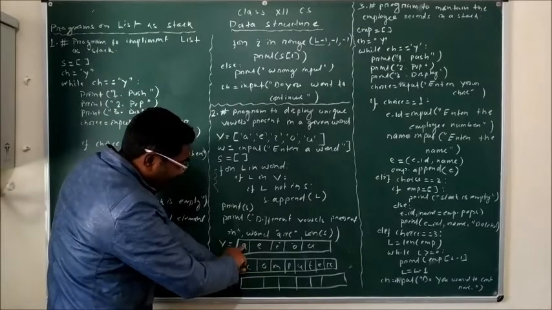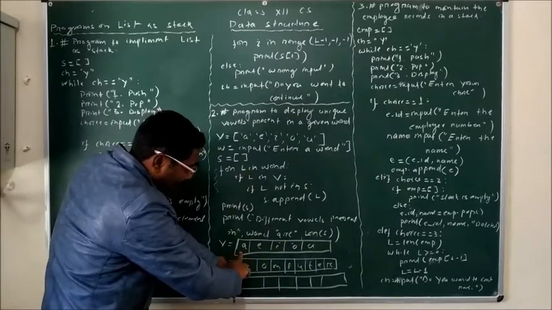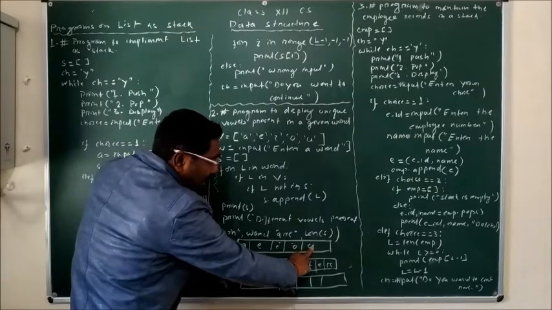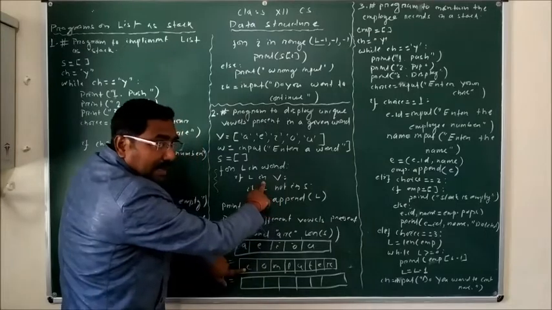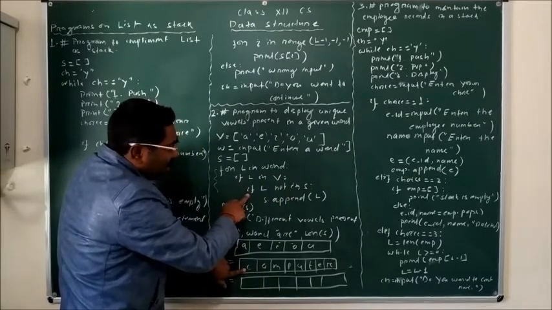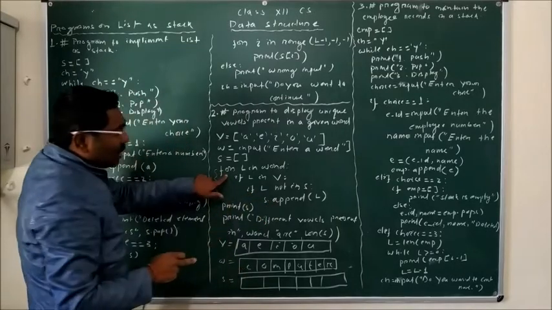V is equal to A, E, I, O, U. So here C is not A, not E, not I, not O, not U. So this condition is not satisfied, so this statement cannot be executed. So it will again go to this position.